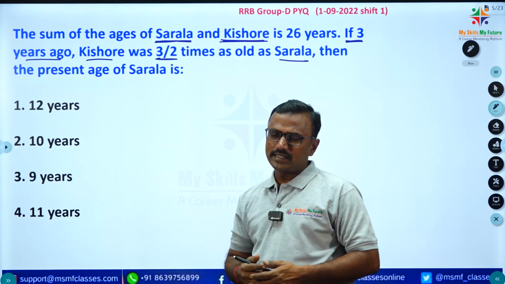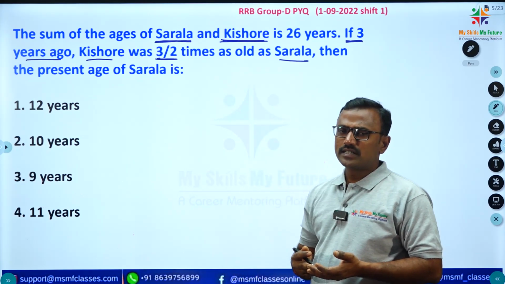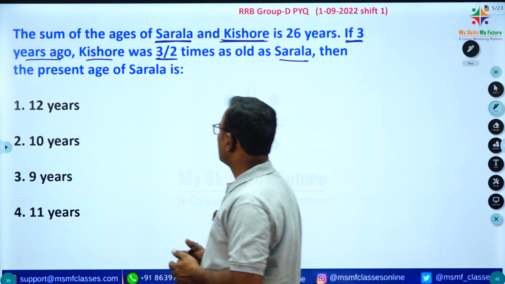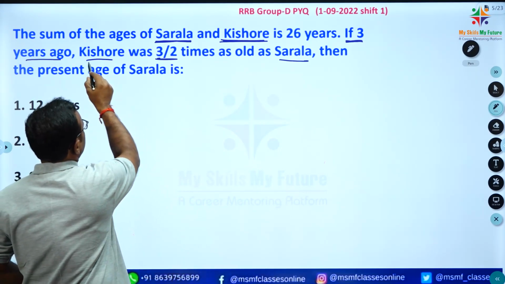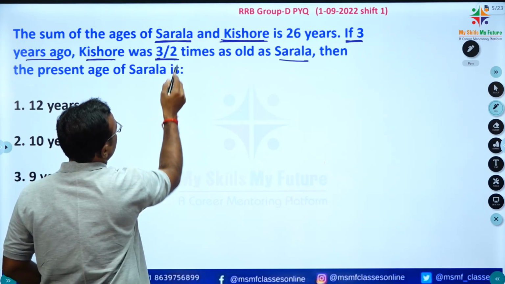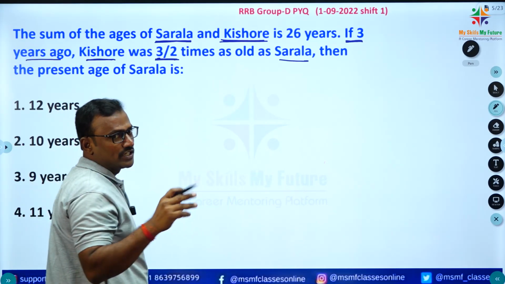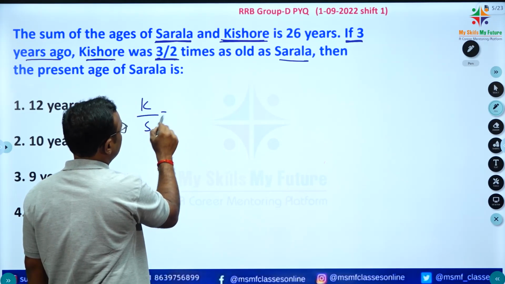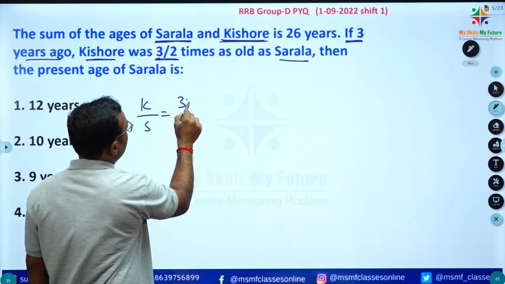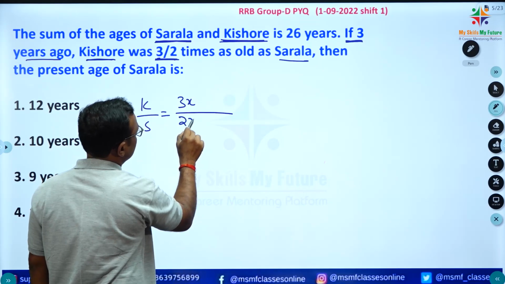Let us take Sarala's and Kishore's ages before 3 years. Kishore was 3/2 times, which means the ratio of Kishore to Sarala 3 years ago is 3x by 2x.